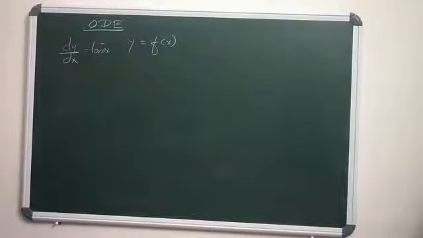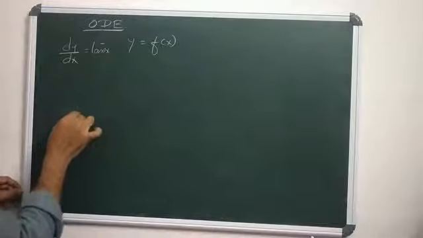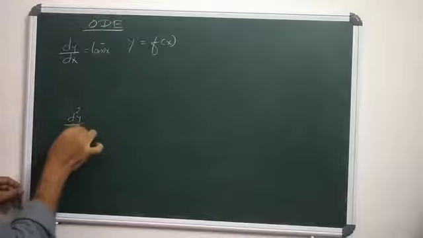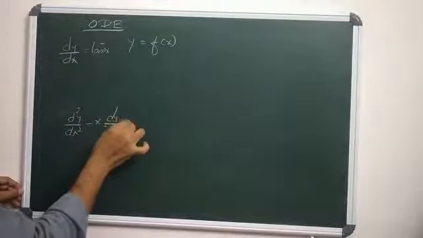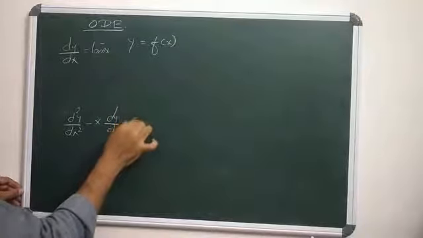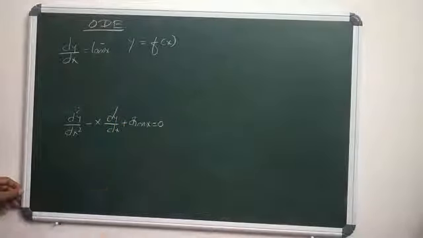Because the order of the highest derivative present in this equation is 1. Suppose we consider another differential equation, d square y by dx square minus x into dy by dx plus sin x equals 0.